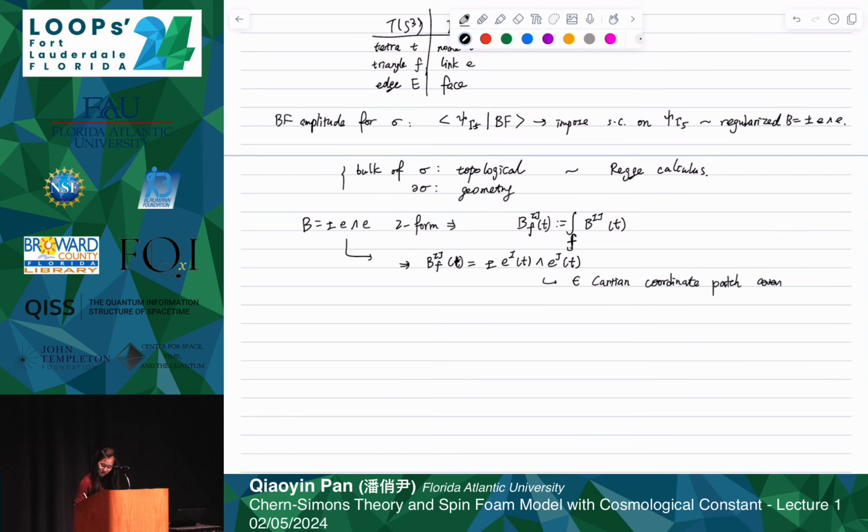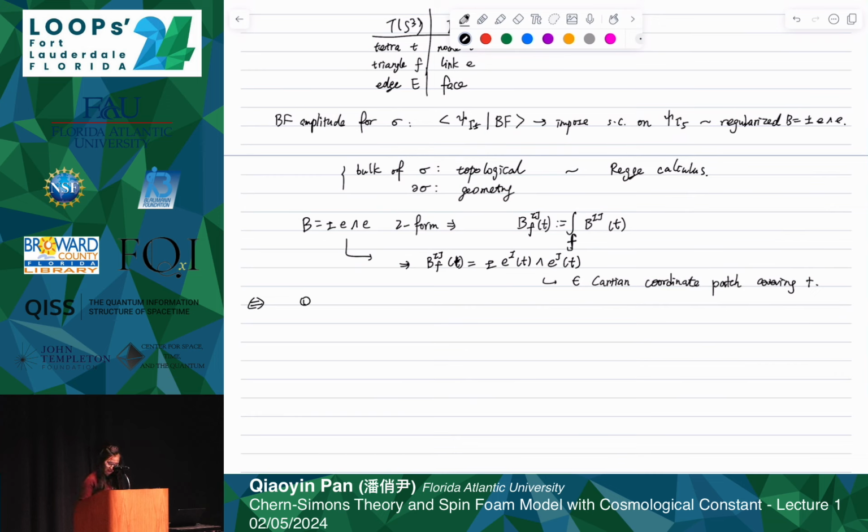This is not yet the simplicity constraint we really use in the EPRL, but instead we want to write it in an equivalent condition for the discretized B field. There are two conditions for the discretized B field that are equivalent to this.